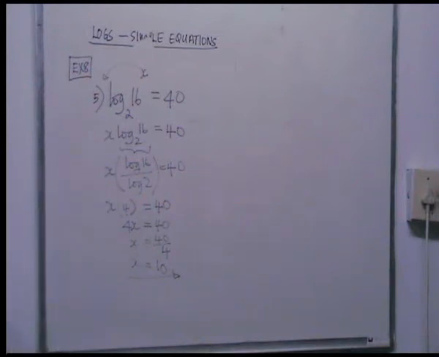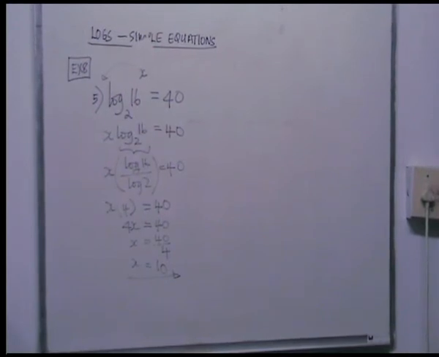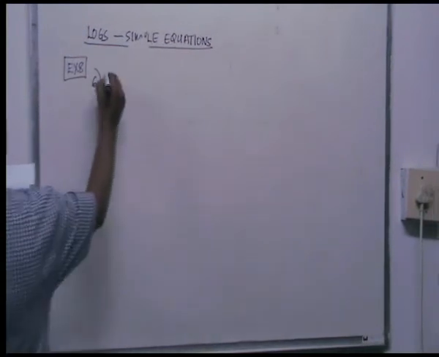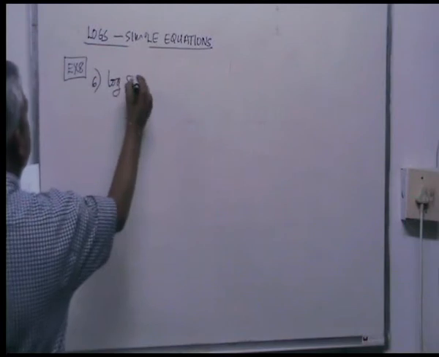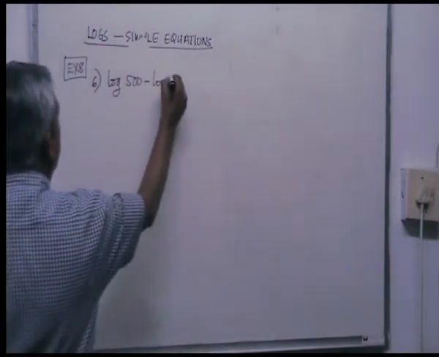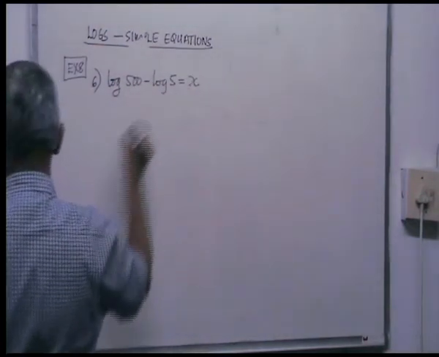Alright, we've got a few more examples. We'll continue the next time from number 6 to number 10. Right, number 6. Log of 500 minus log of 5 is equal to x.